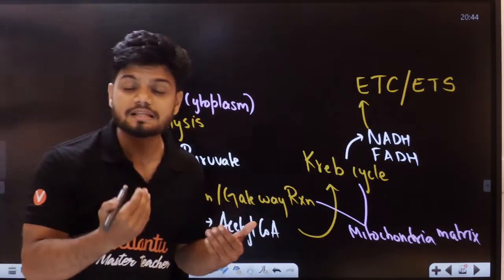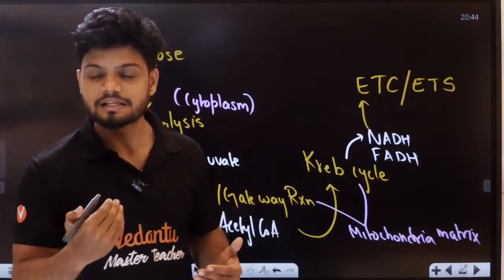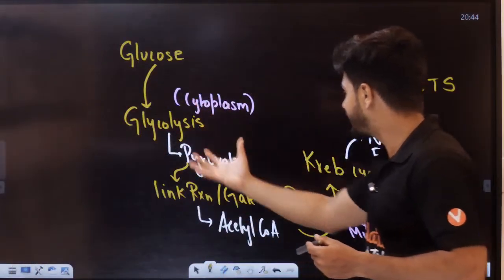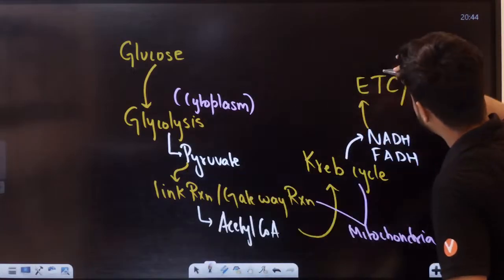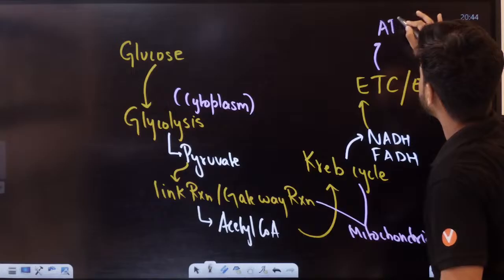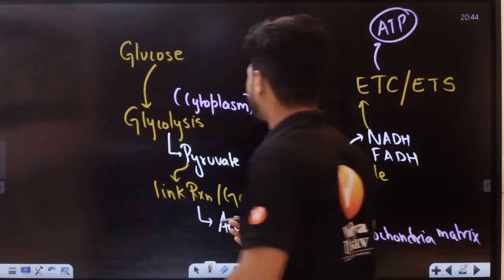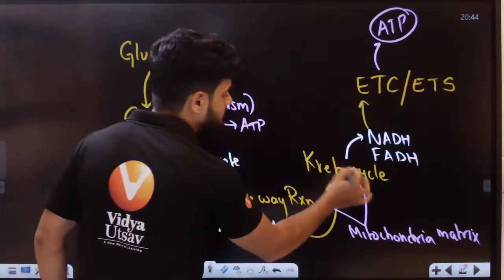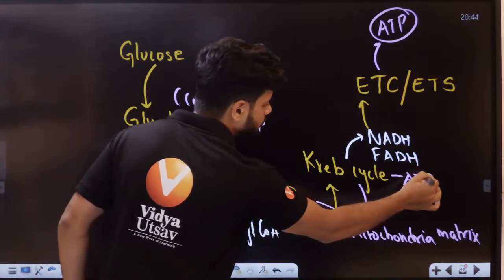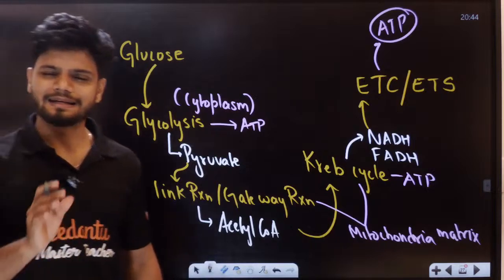So this is how plants get the entire energy. From this entire ETC, ATP is produced. Again, students, ATP is also produced in glycolysis and also in the Krebs cycle, remember that. Don't worry, you will learn the entire thing.